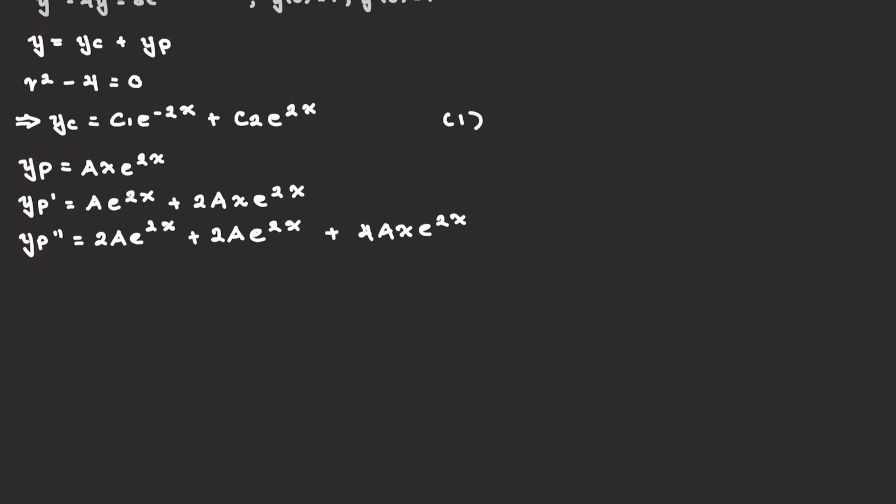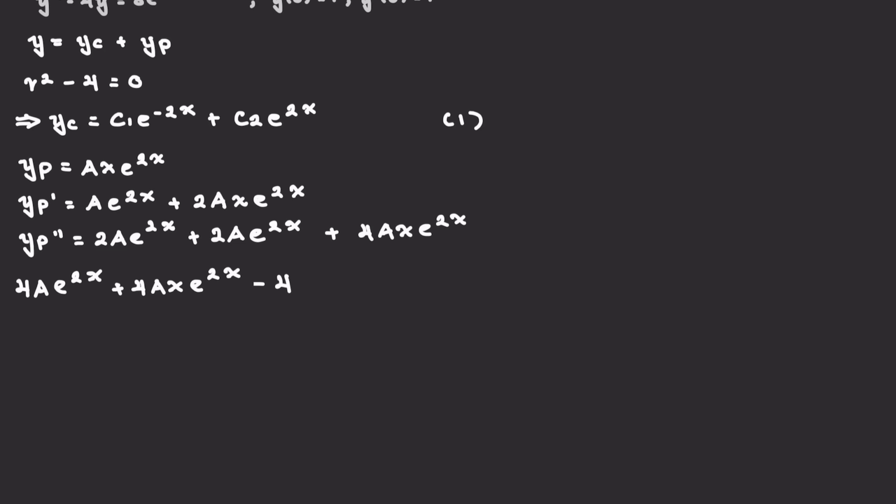We get here y double prime is 4a e^(2x). We combine both of these terms, plus 4ax e^(2x) equals 8e^(2x). Actually, we forgot one variable here, which is the y.